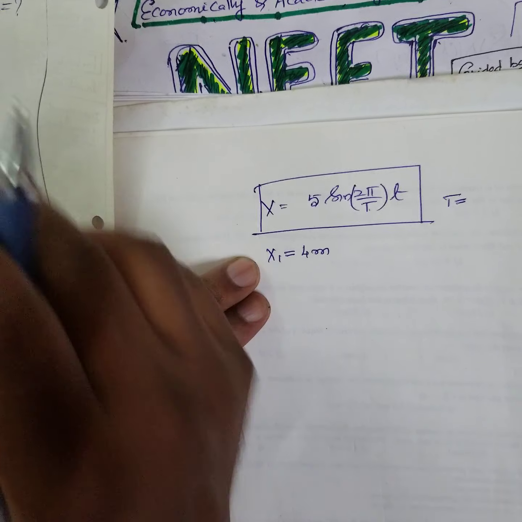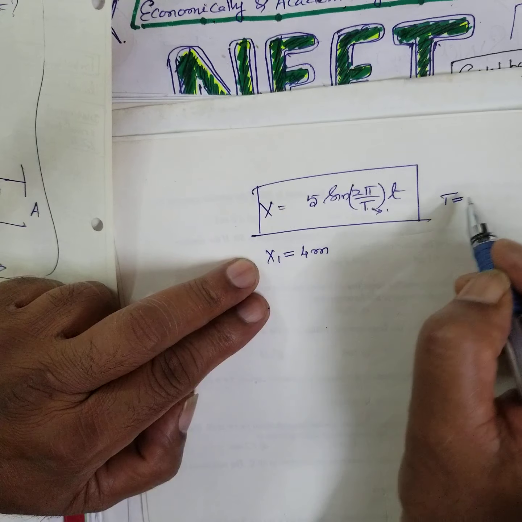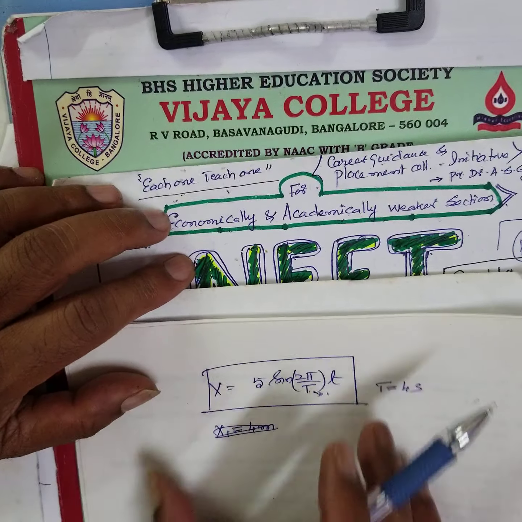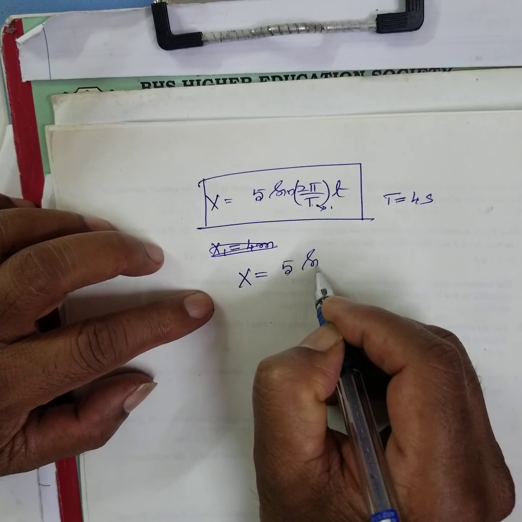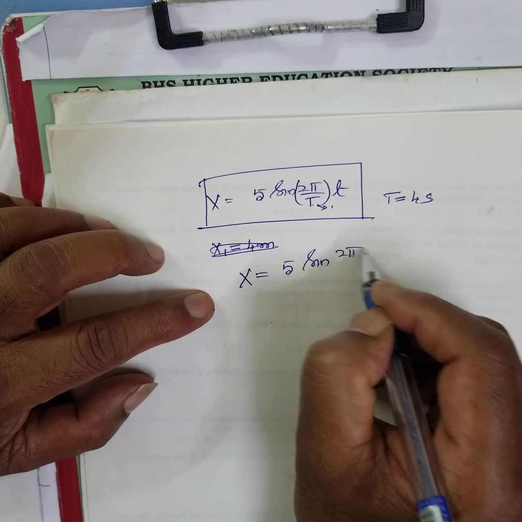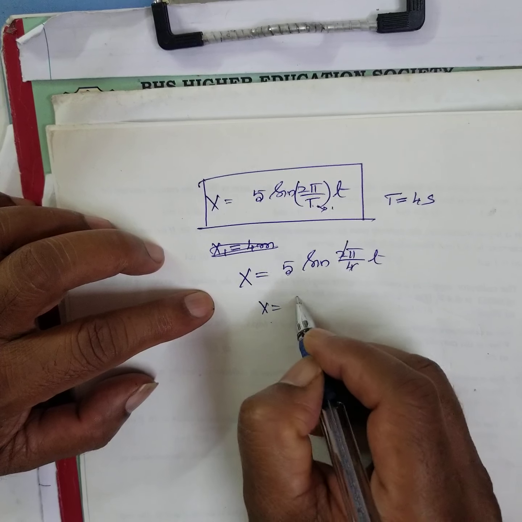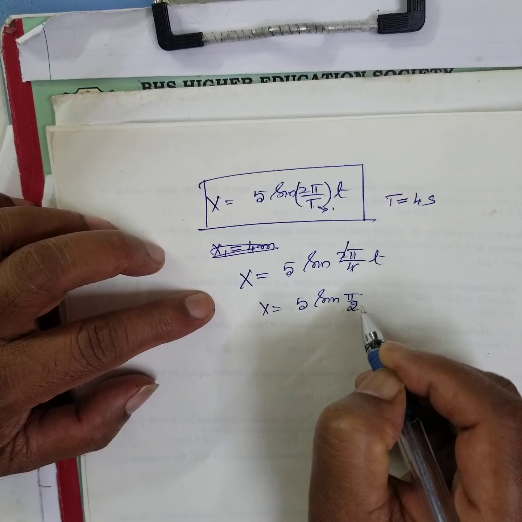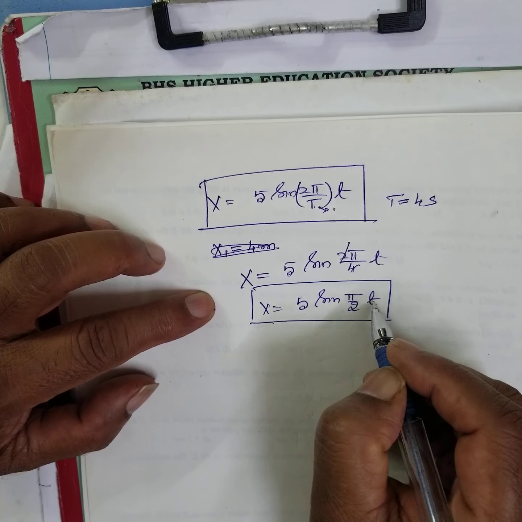Amplitude is 5. Period is 4 seconds, is it not? You should not bother about the disturbance outside. Please concentrate on the sum. Therefore, I am rewriting it: x equals 5 sin 2 pi by 4 t. That means x is equal to 5 sin pi by 2 t. Understood?